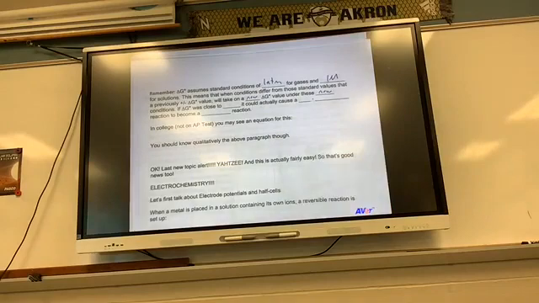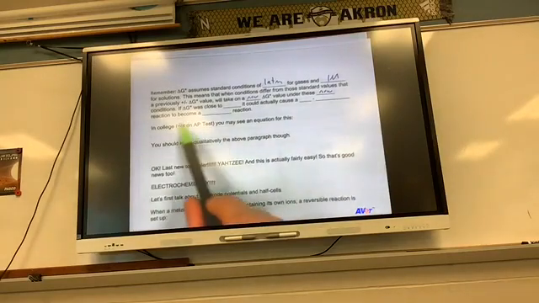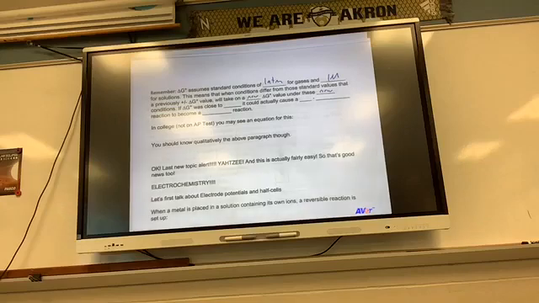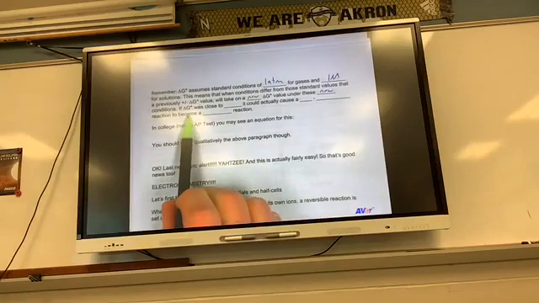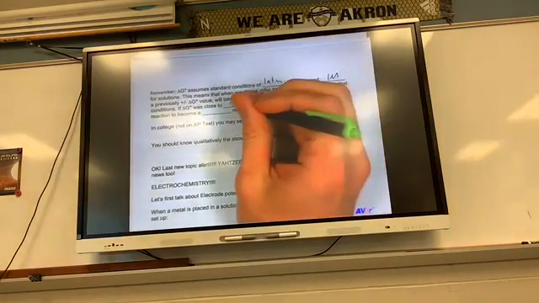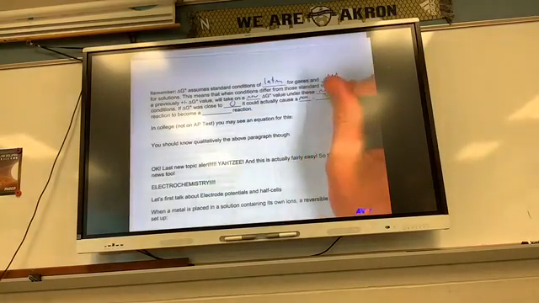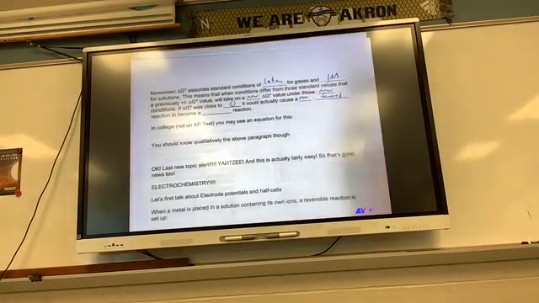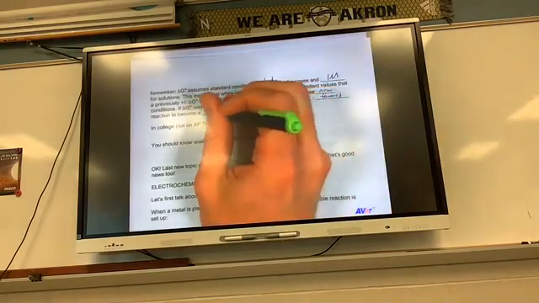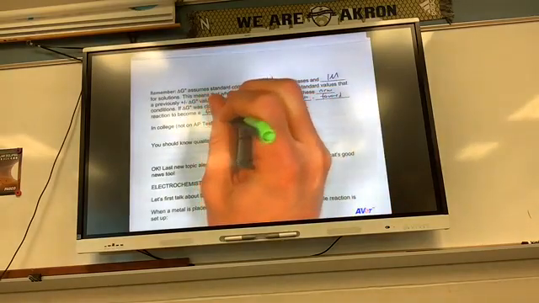Not technically, but it's going to change it. It is, because if delta G and K are related in that equation, if you change K, you're going to change your delta G. If delta G was close to 0, it could actually cause a non-favored reaction to become a favored reaction.